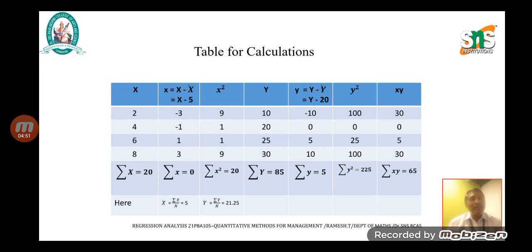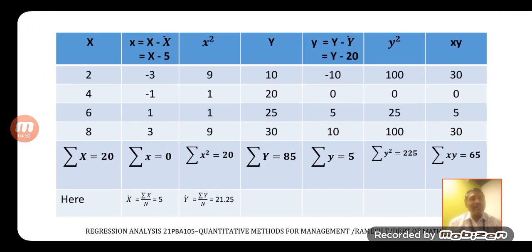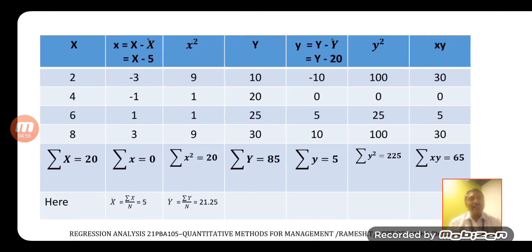So from this table we calculate the regression line equations. First we need x, the age of the cars: 2, 4, 6, 8. Therefore, the sum of the values 2 plus 4 plus 6 plus 8 is equal to 20. Now we calculate the deviations. Before that, we find the average. So the average of x means sum x divided by n.